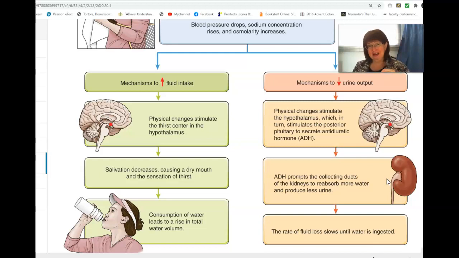Remember that antidiuretic hormone causes an increase in aquaporins. Aquaporins will then absorb more water from the filtrate of the nephron. So the water goes from the filtrate into the blood, and you have less urine and you have more water in your blood. So that's a way of regulating.